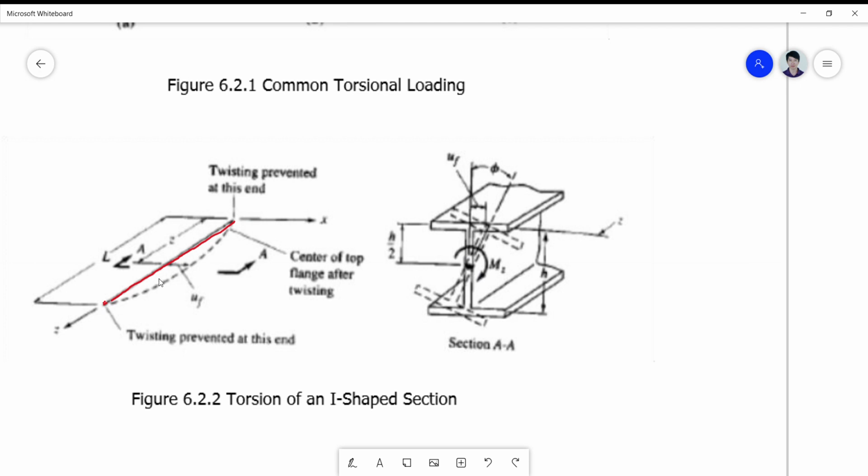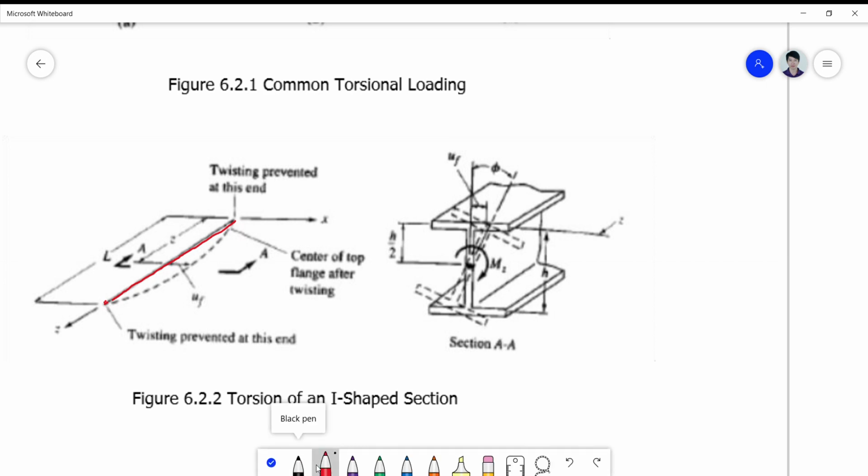Okay, so in this case, a displacement equivalent to uf, signifying the flange deflection or displacement, uf is actually going to the right, as this whole shape actually rotates clockwise in this direction.